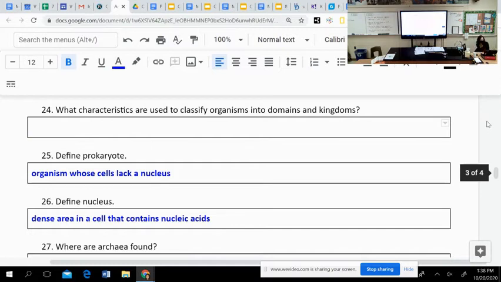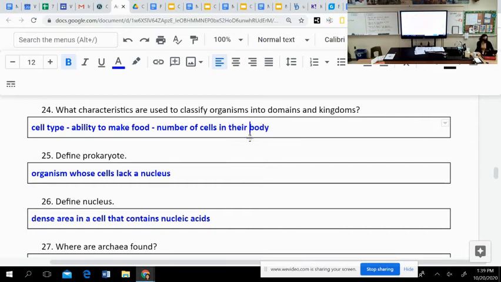What characteristics are used to classify organisms into domains and kingdoms? Their cell type, their ability to make food, and the number of cells in their body. Yep. So again, their cell type, if they're prokaryotic or eukaryotic, their ability to make food, heterotroph or autotroph, and the number of cells in their body, either unicellular or multicellular.